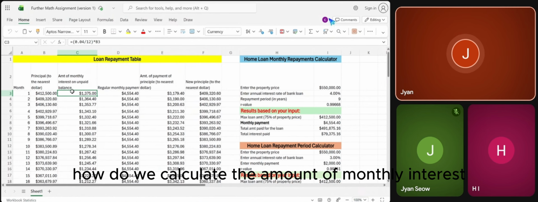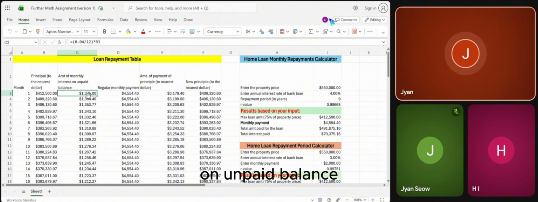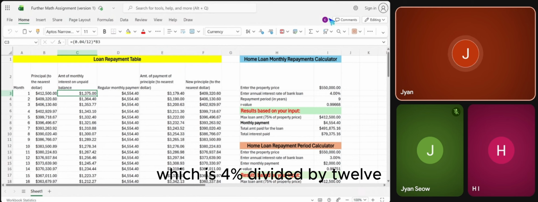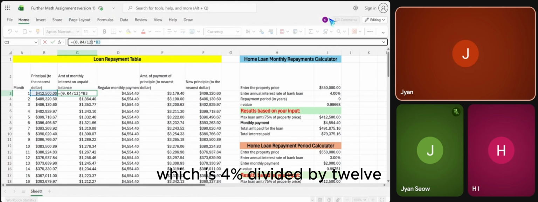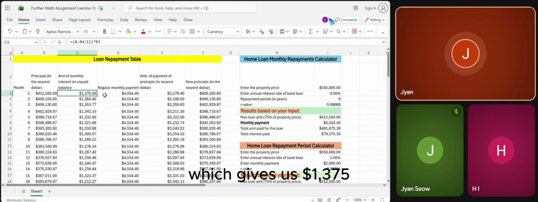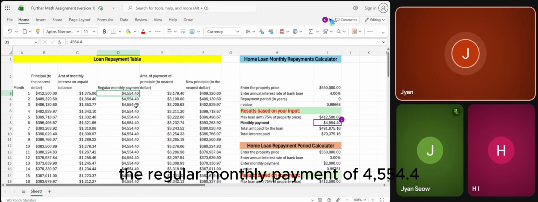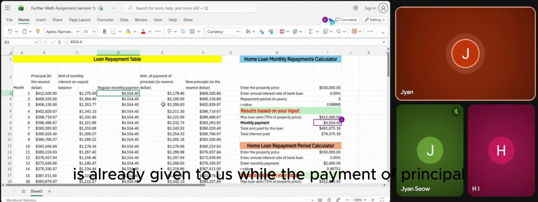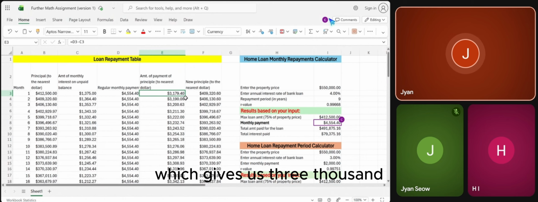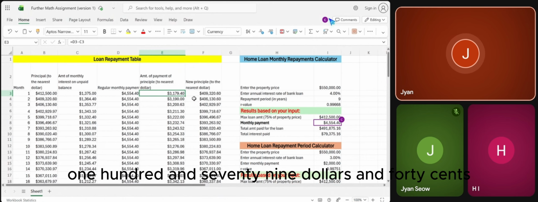And how do we calculate the amount of monthly interest on unpaid balance? We take the interest rate per month, which is 4% divided by 12, and multiply it by the original principal that month, which gives us $1,375. The regular monthly payment of 4,554.4 is already given to us, while the payment of principal is the regular monthly payment minus the monthly interest on unpaid balance, which gives us $3,179.40.